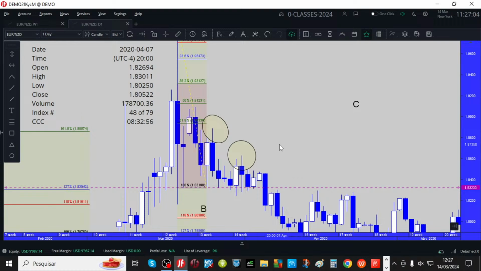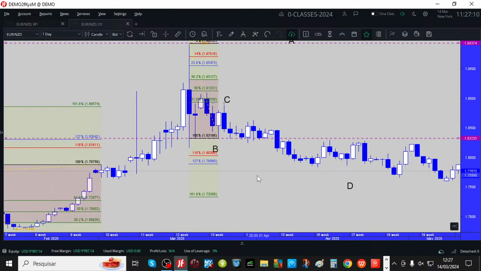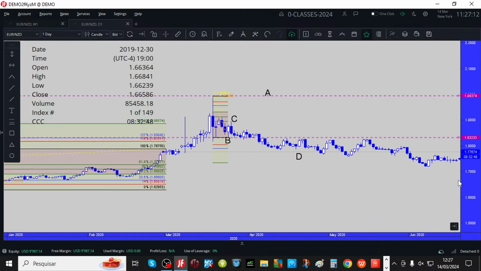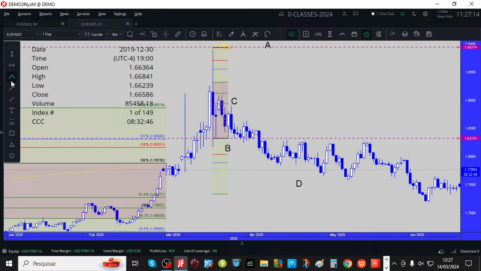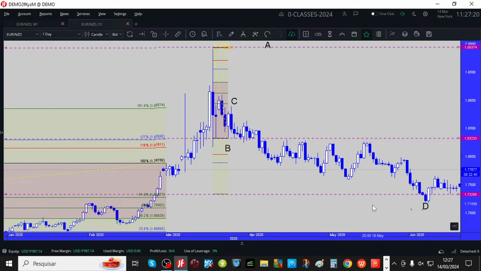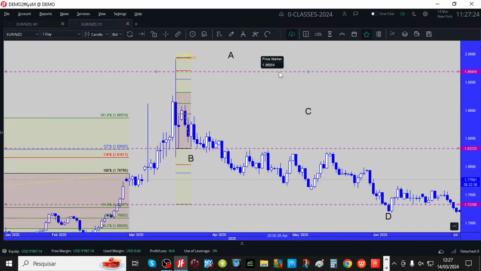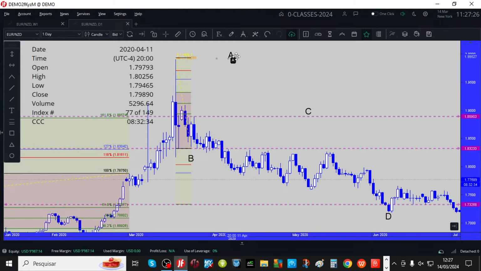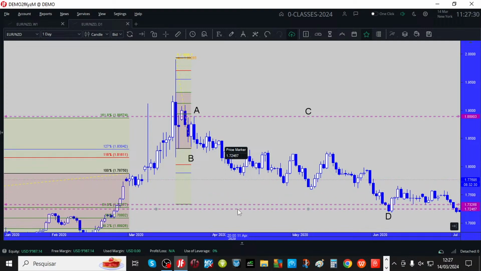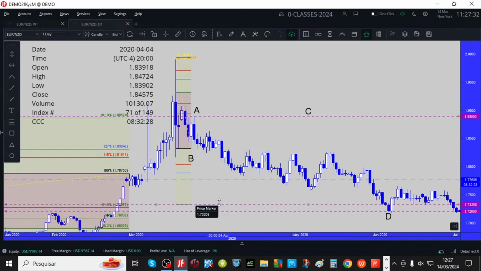Exactly, the first one. That's the C, correct. And as always, green goes to green, so green goes to green. We are going to horizontal line and down in here. As you can see, everybody, we have a low in here. And as always, A goes to C, down here. And of course, B goes to D, right?